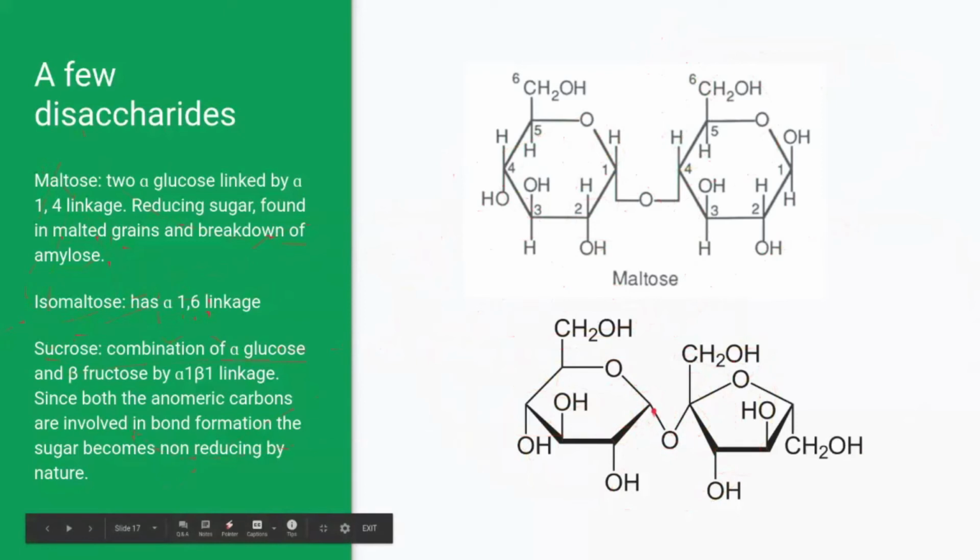As you see, the reducing ends get linked together. The aldehyde groups get linked together, and then they lose their reducing ability and they become non-reducing by nature.